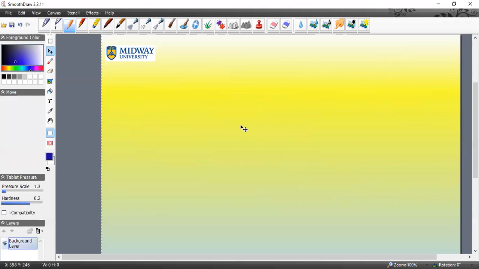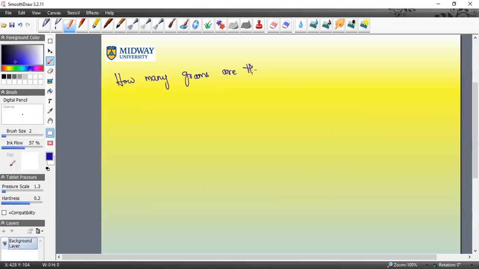Okay, so how many grams are there in 2.5 e to the 23 molecules of N2? Pay attention.